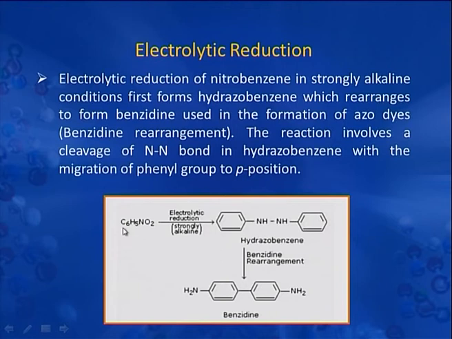Here you can see this is nitrobenzene. This forms hydrazobenzene upon electrolytic reduction, followed by breaking of this nitrogen-nitrogen bond and then formation of this carbon-carbon bond. So, electrolytic reduction followed by benzidine rearrangement produces benzidine.